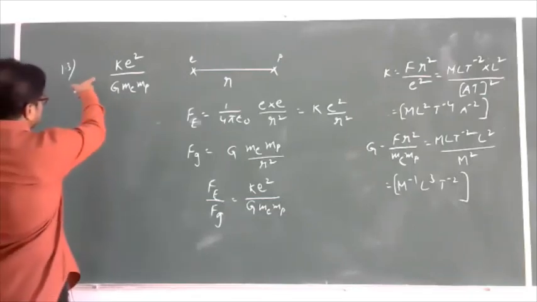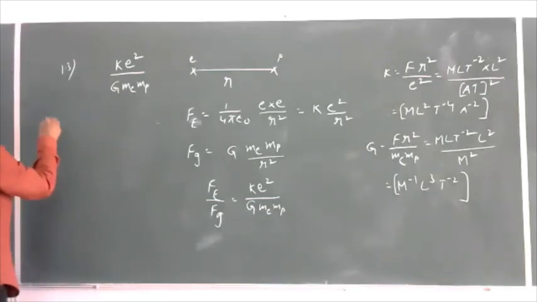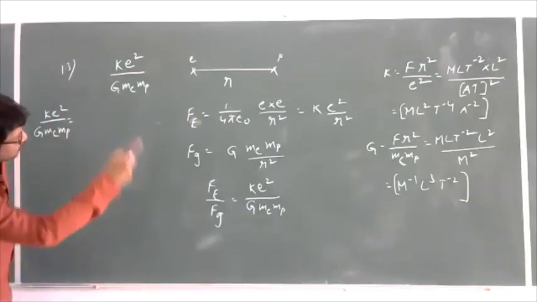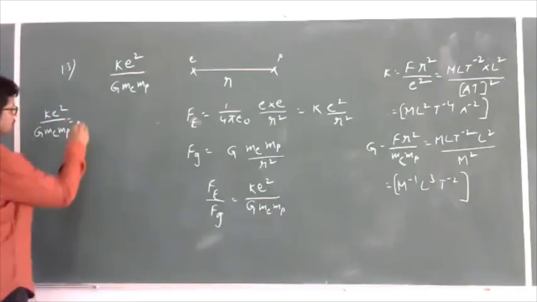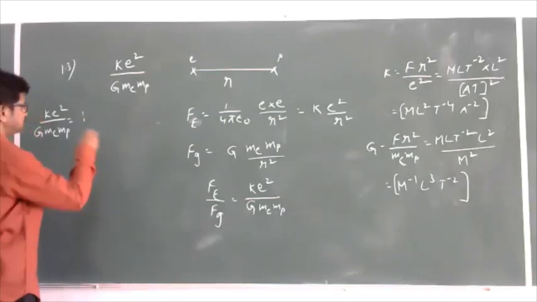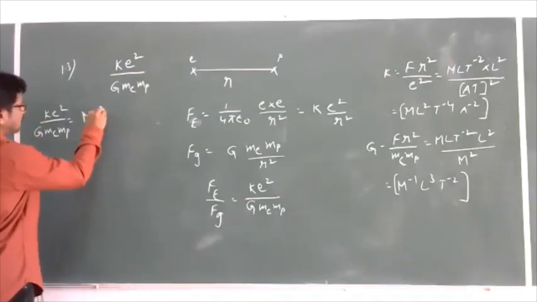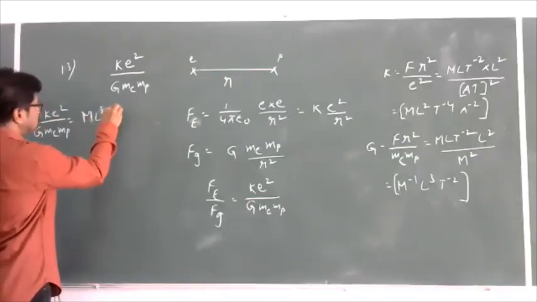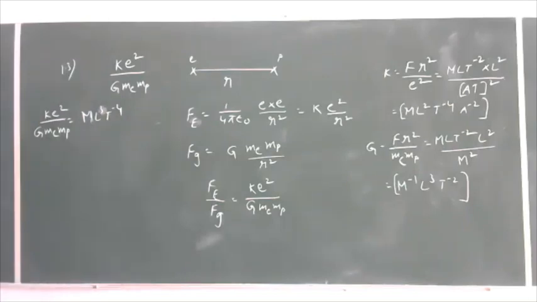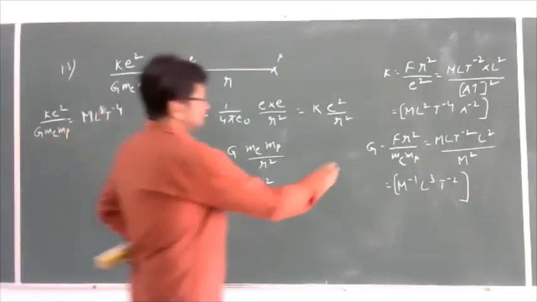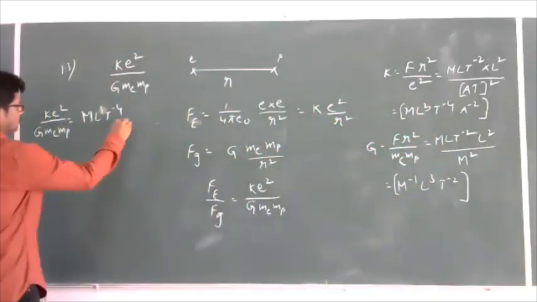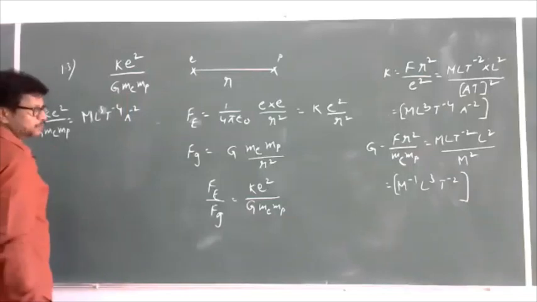If I substitute those dimensional formulas here, K e square by G me mp: K dimensional formula we just got, M L square, L cube T to the power of minus 4 A to the power of minus 2.